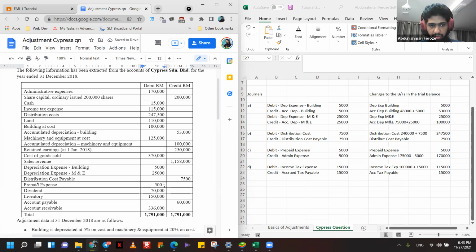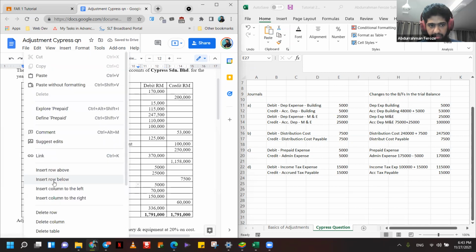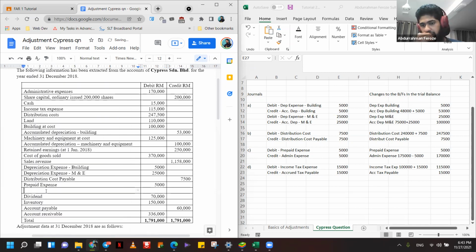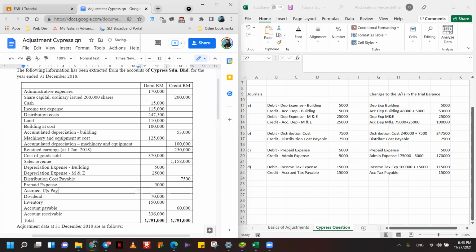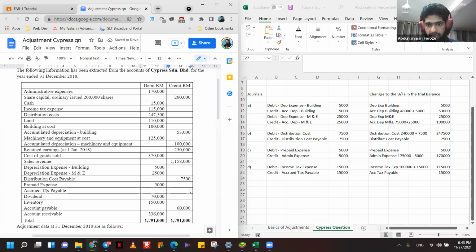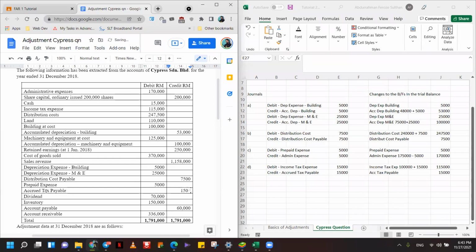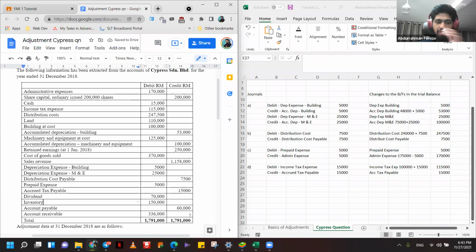Then we have one more, right? What is remaining? Accrued tax payable, and this is credited 15,000. Okay, is everything clear? So this is okay. Now we have to of course check the total.